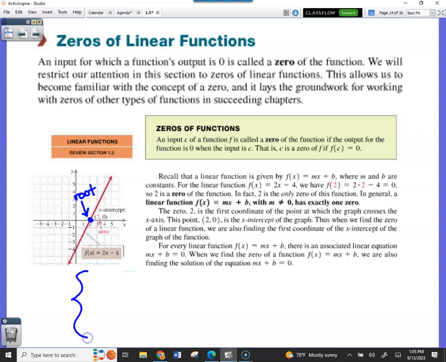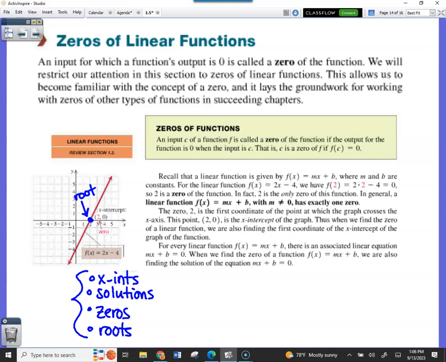Then come here and make note. There is x-intercepts, solutions, zeros, and roots.